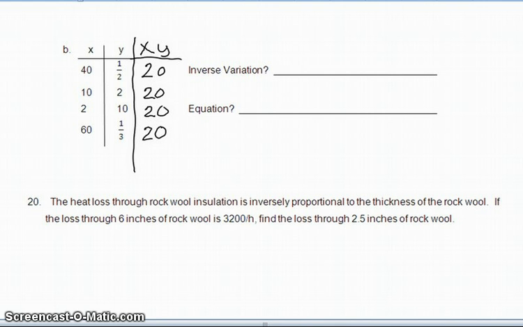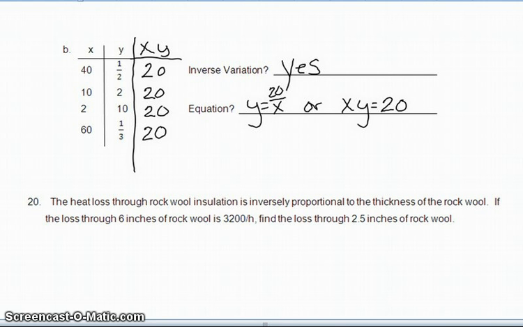So, does this make it an inverse variation? You bet. All my constants of proportionality are the same, so it is an inverse variation. My equation is going to be y equals 20 over x, or xy equals 20.